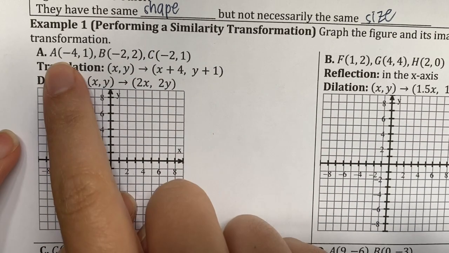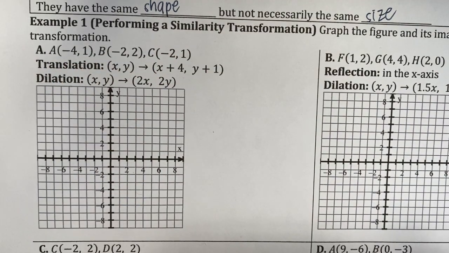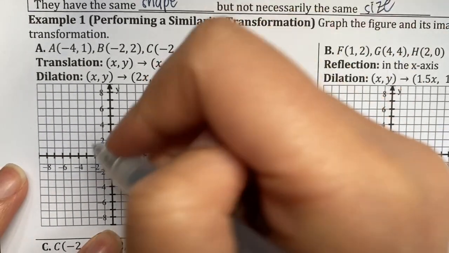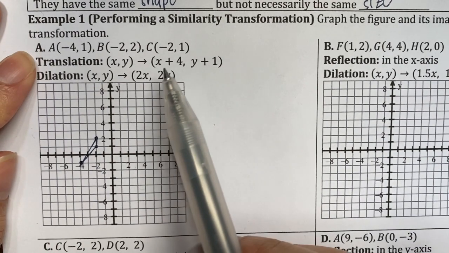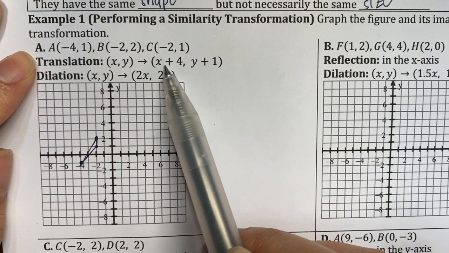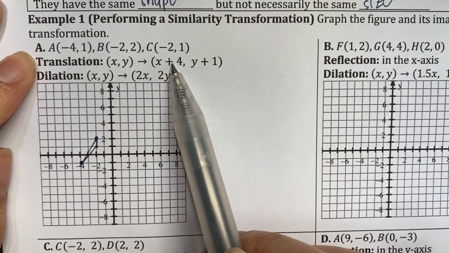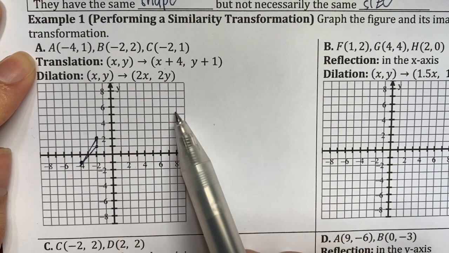So I'm going to start off by graphing ABC. I'm going to use 3 different colors for the 3 different steps that we need to take in order to perform these similarity transformations. There is ABC. We're first going to perform a translation. So we are moving each x coordinate over 4. We're adding 4, so we're going to go to the right 4.